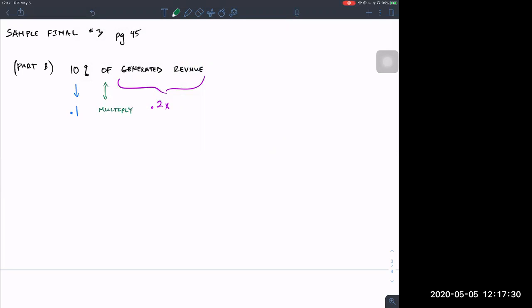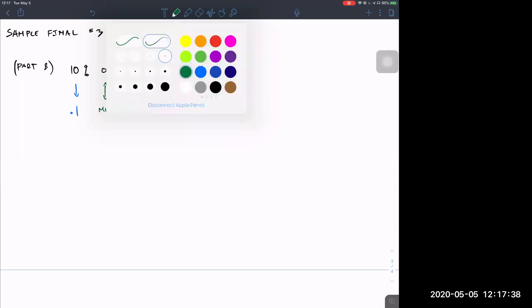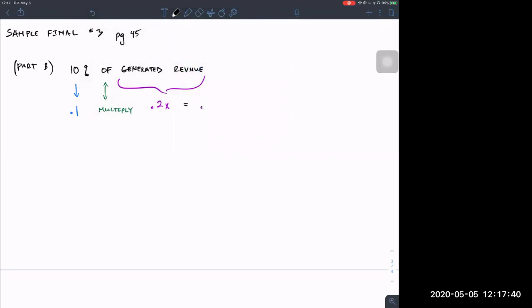So what you're subtracting off to pay these two underlings is 0.1 times 0.2x, which is 0.02x. So this piece gets subtracted at the end of your model.